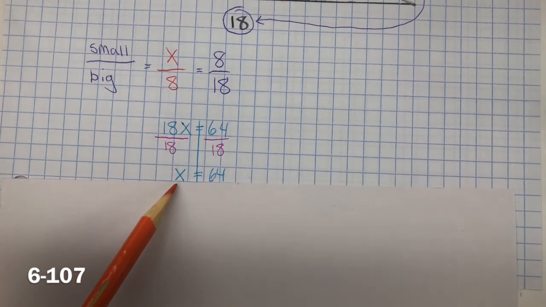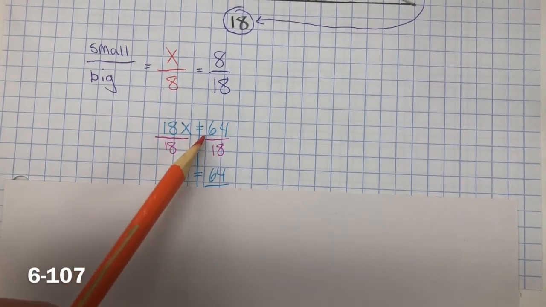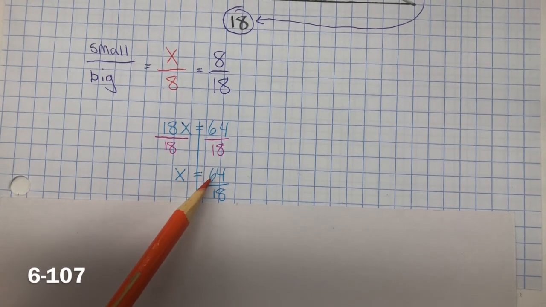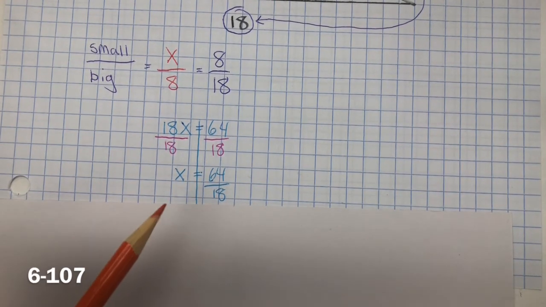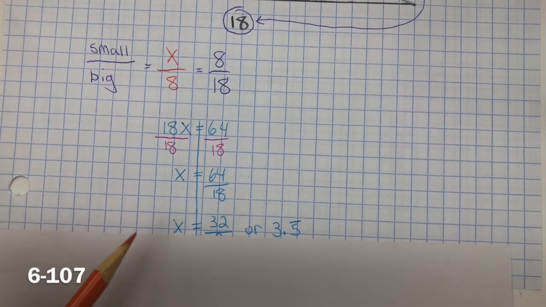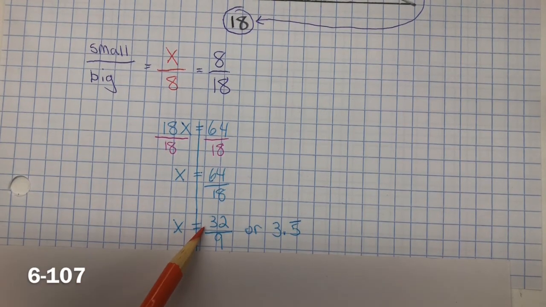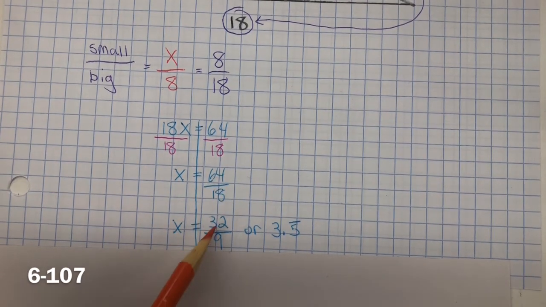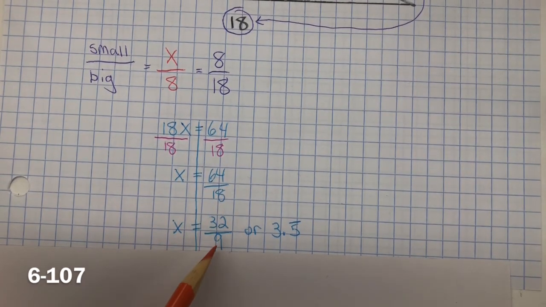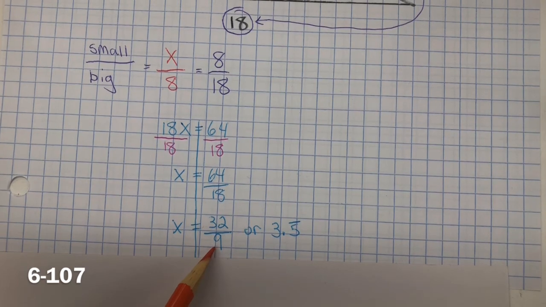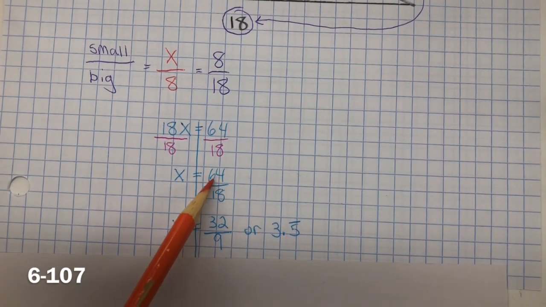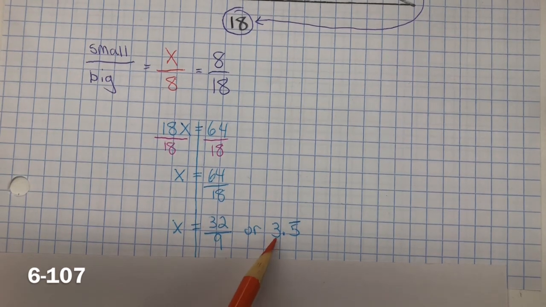So now we have x equals 64/18. So now I can simplify 64/18 by dividing both by 2. 64 divided by 2 is 32. 18 divided by 2 is 9. Or I could divide 64 by 18, and I get 3.5 repeating.